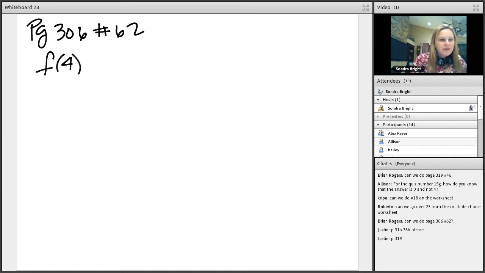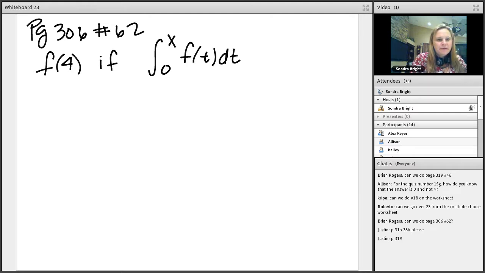It says find f of 4 if the integral from 0 to x of f of t dt is x times cosine of pi x.